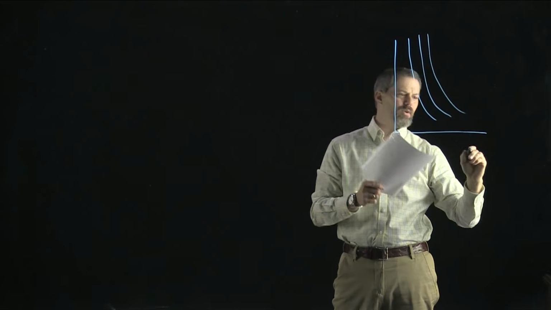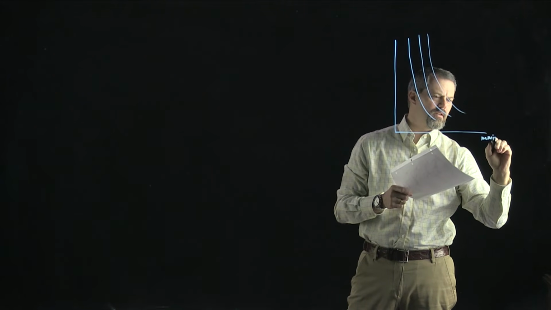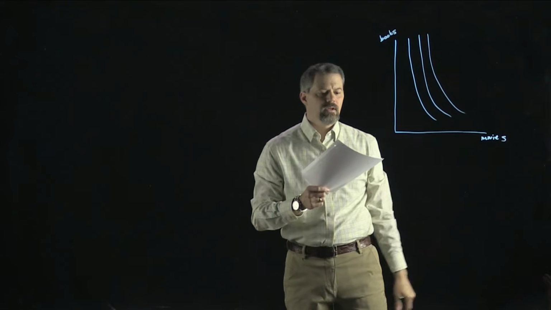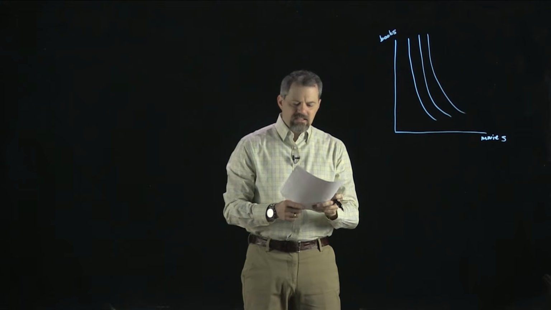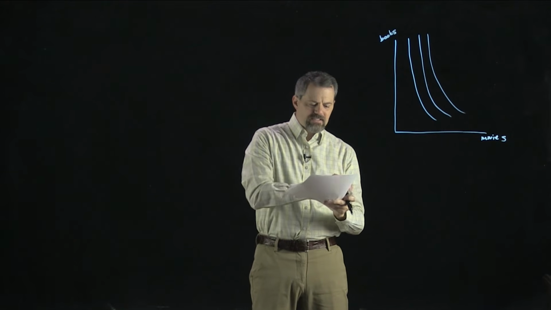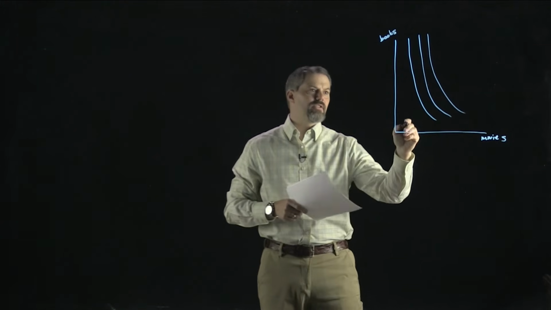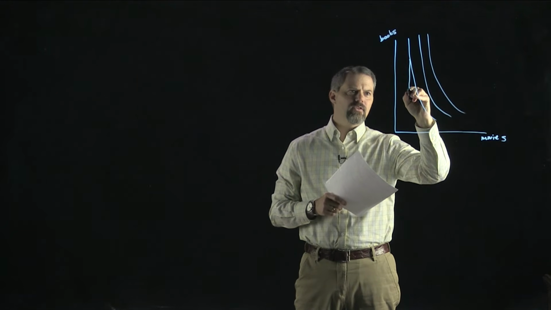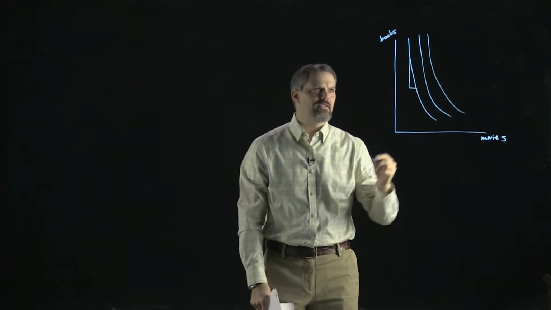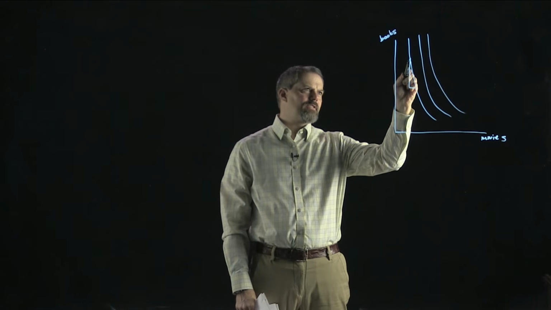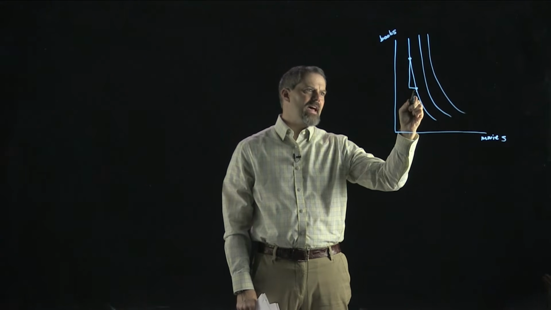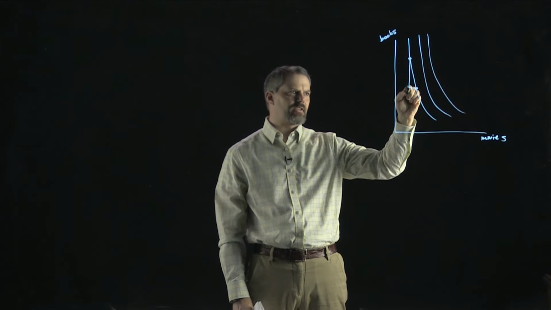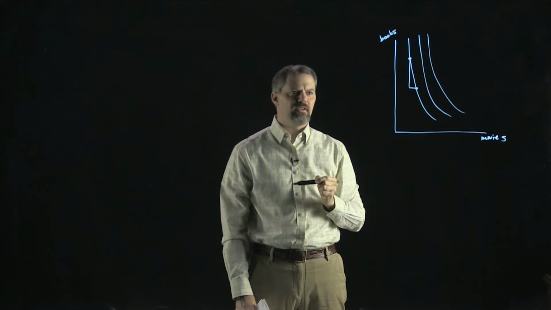And let's go ahead and put movies down here and books up here. What this would mean is that consumers are willing to trade a lot of books for a few movies. These things are very steep. And so if you think about what's going on here, this means that if we consider this point and that point, the consumer's indifferent. They're willing to give up a lot of books for just a little bit more movies.